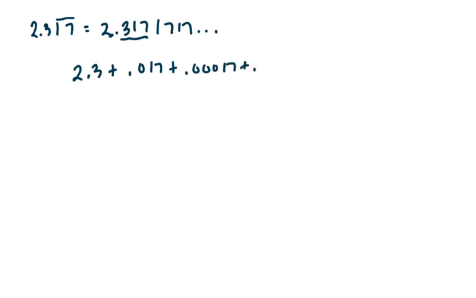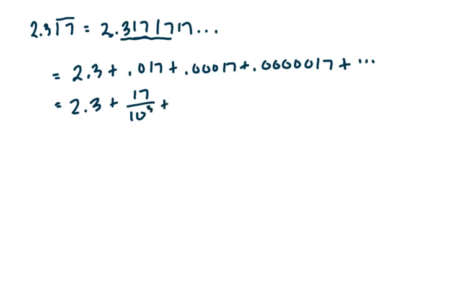Well, let's do one more. We have 1, 2, 3, 4, 5, 1, 7, plus... So this means that we have 2.3, and this is 17 over 1,000, which is 10 to the third.